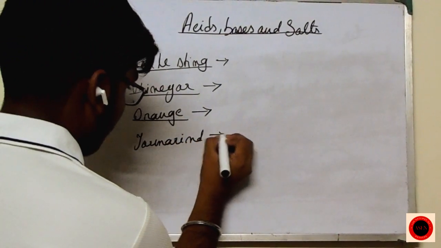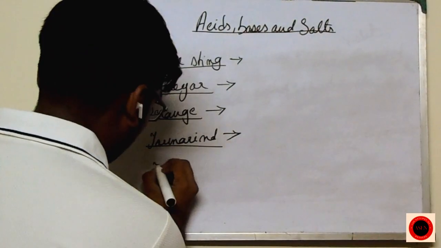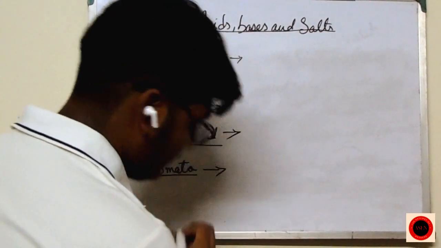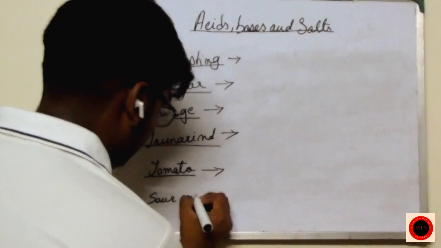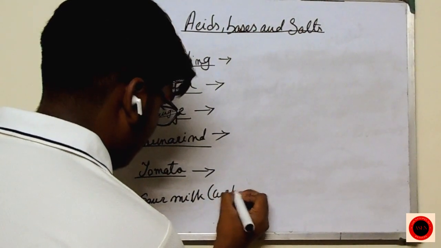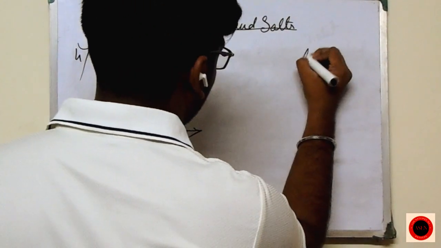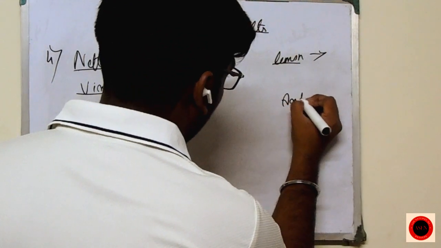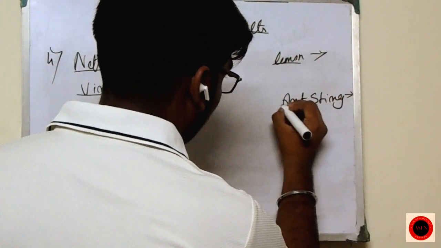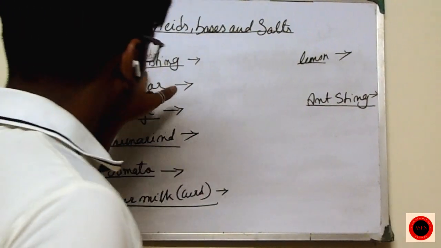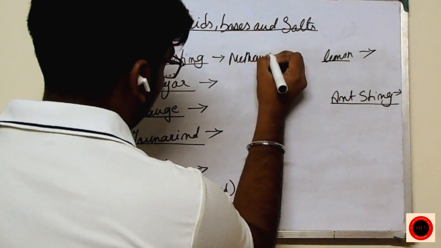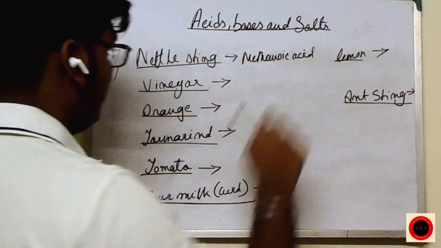Turmeric, tomato, sour milk, that is curd, lemon, and ant sting. Nettle sting has methanoic acid.